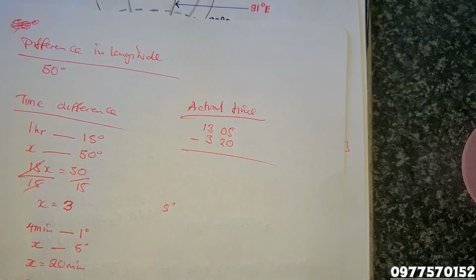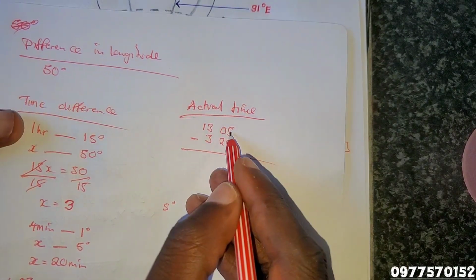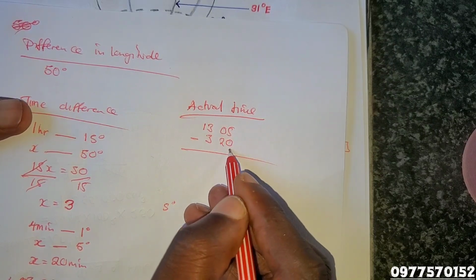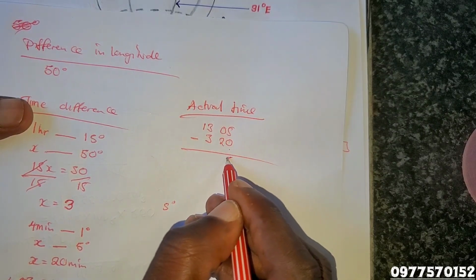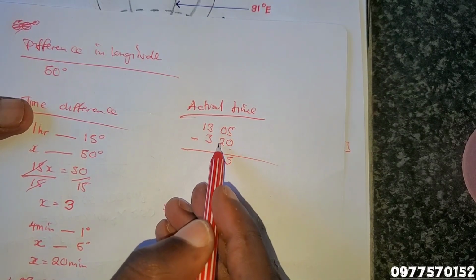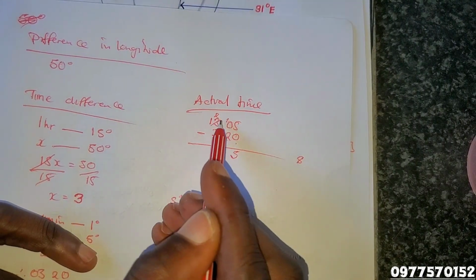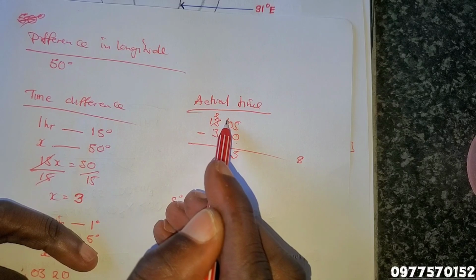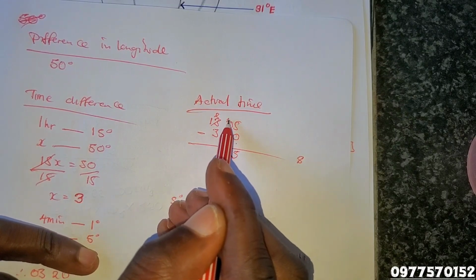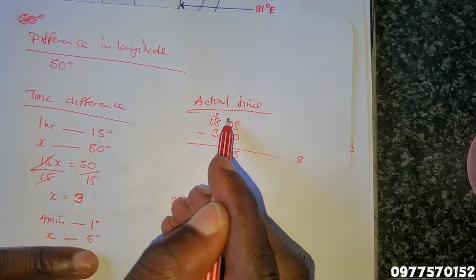So when you subtract, 5 minus 0 is 5. Then 0 minus 2, so when you borrow 1 from this 3, it becomes 2. In other words, you're borrowing 60, since these are hours and these are minutes, so 60 minutes.